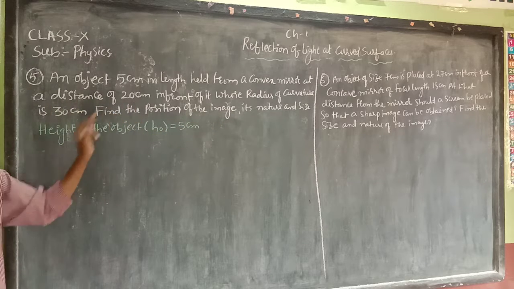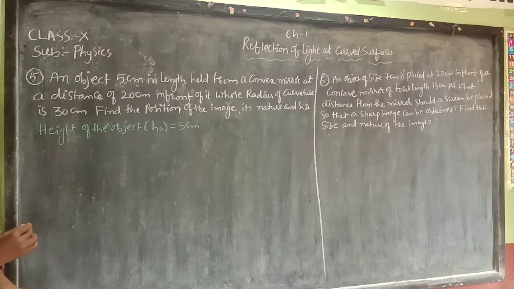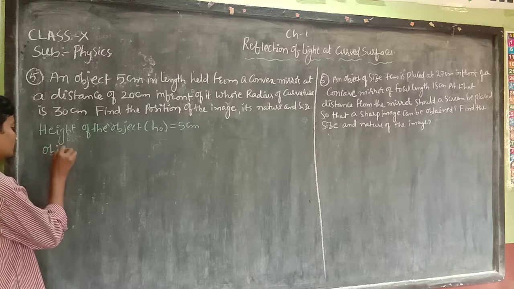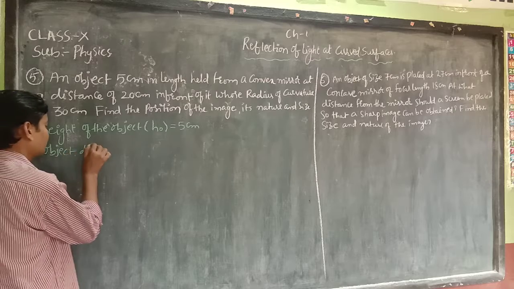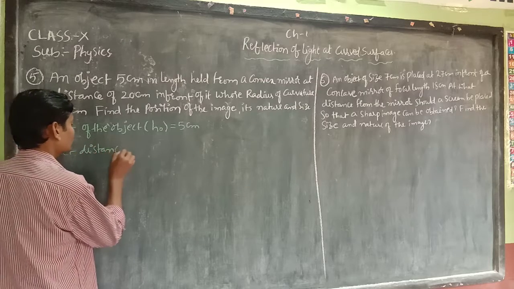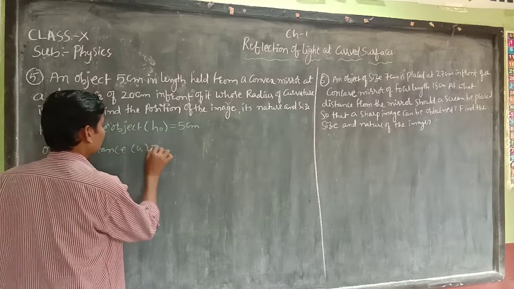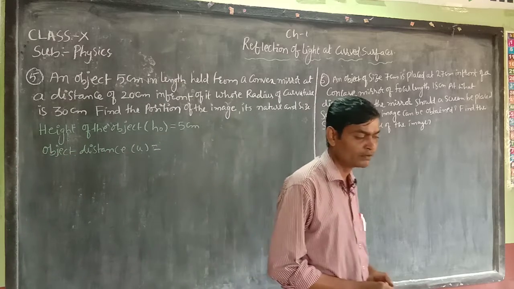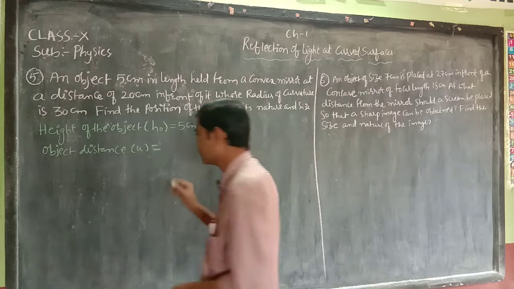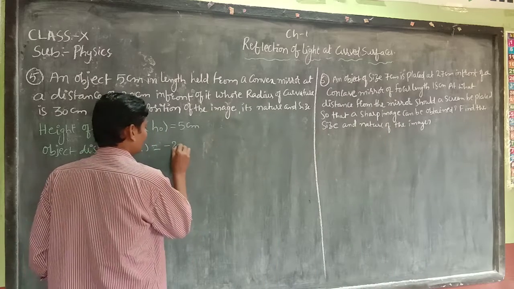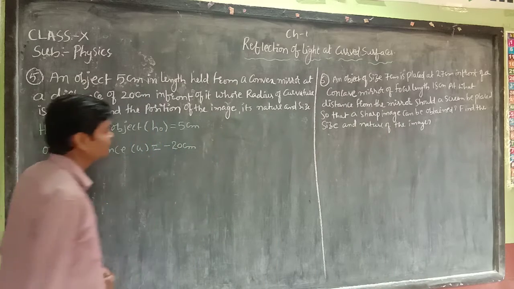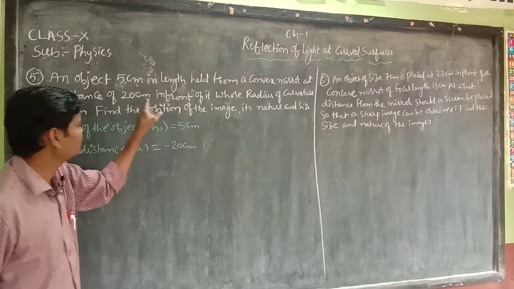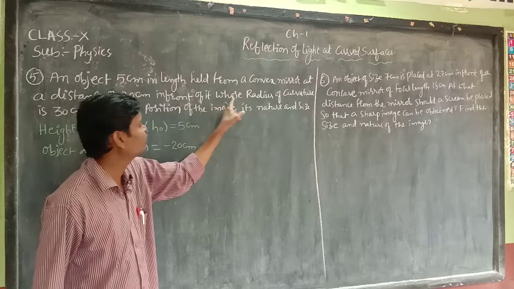That is the object distance. So U is equal to, whether we take it as positive or negative, negative only. So minus 20 centimeters, in front of the mirror.